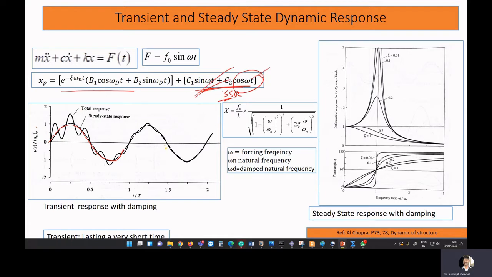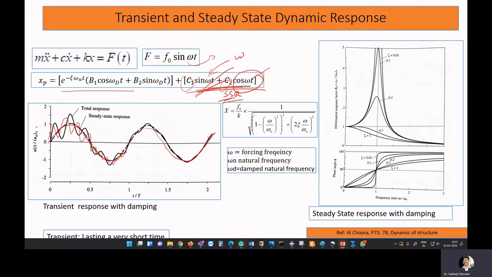This part corresponds to your steady state response, and here you have C1 and C2, which are constants, and here you can see omega, which is your forcing frequency. So steady state becomes a function of forcing frequency. Now, if you plot the steady state response and the total response, you will observe that the total response initially has some disturbance for the initial few seconds, and then our total response matches our steady state response.